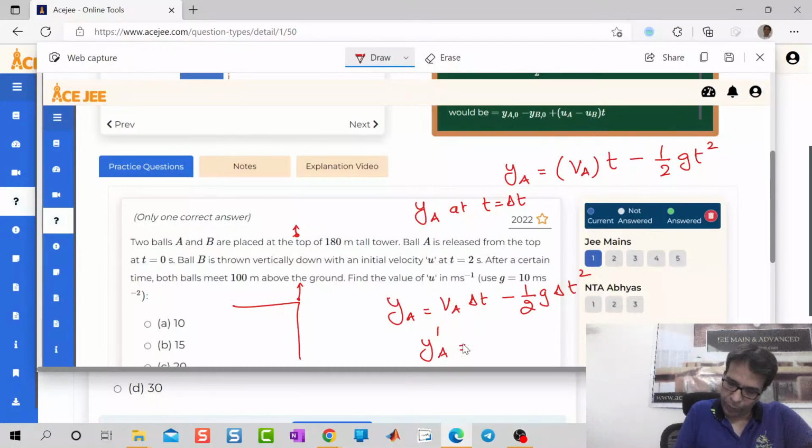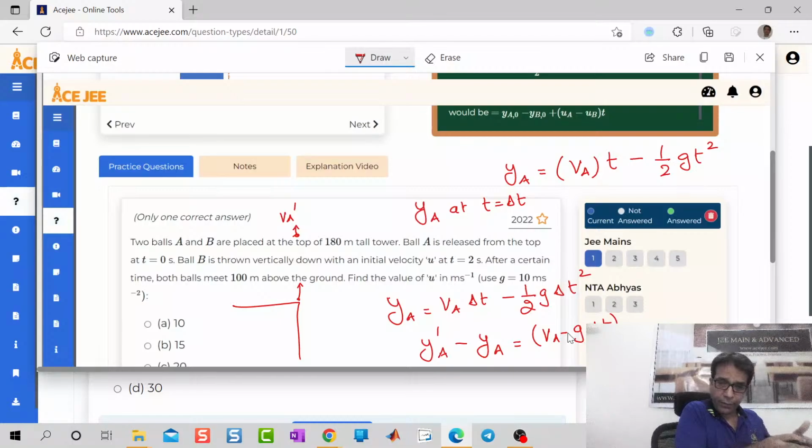The expression for that would be y dash A minus YA equals initial speed into t. What is the initial speed now at this point? VA dash. VA dash will be VA minus g delta t. That will become the new initial velocity at that time.